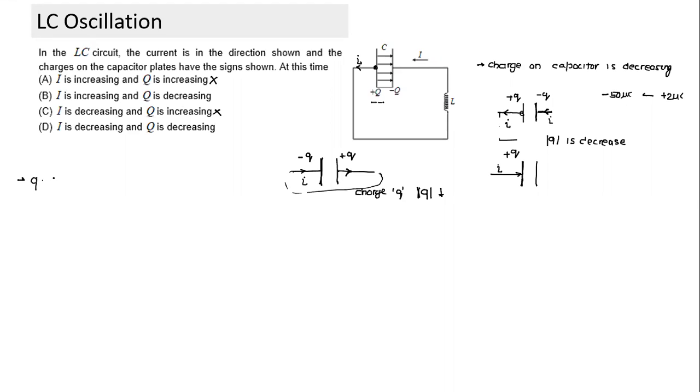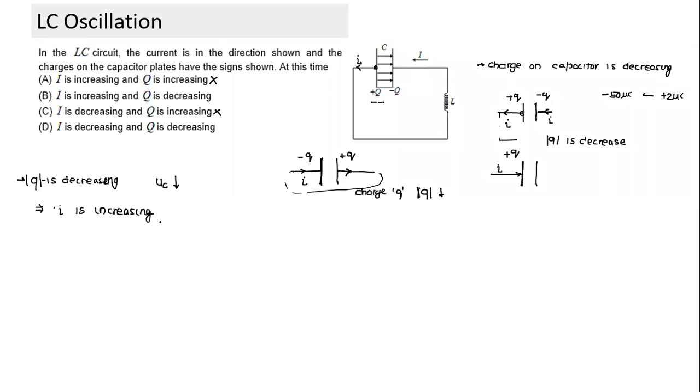If Q is decreasing, the magnitude of charge on the capacitor is decreasing, it necessarily implies I is increasing. The direction is not certain, but the current magnitude is increasing. And what is the reason for this? If Q is decreasing, it implies the energy stored in the capacitor is decreasing.